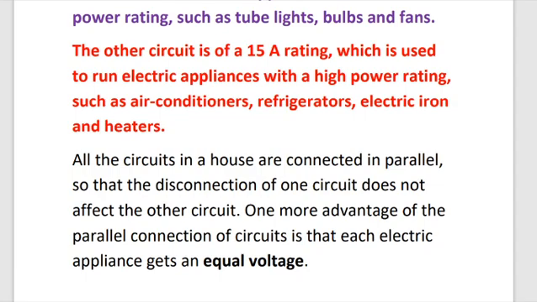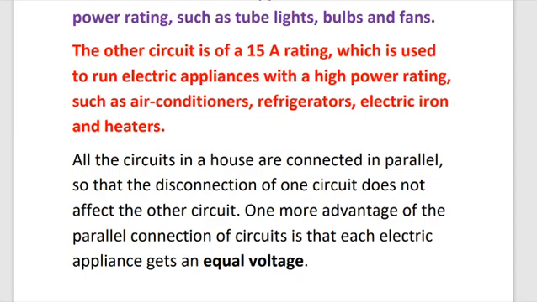So in India, we use a potential difference of 220 to 230 volt with a frequency of 50 hertz. In other countries like USA or UK, domestic circuits are applied with an electric current of potential 110 to 120 volt with a frequency of 60 hertz.